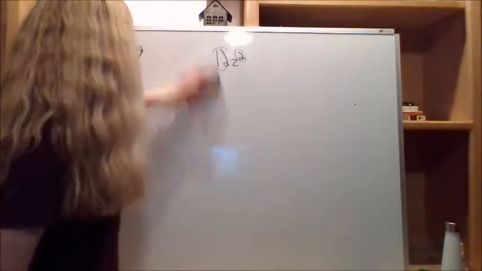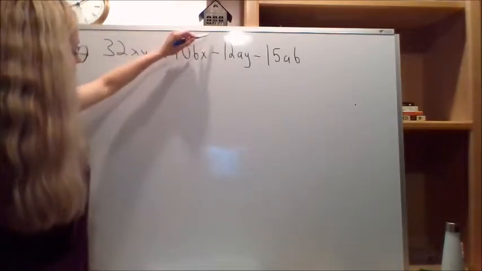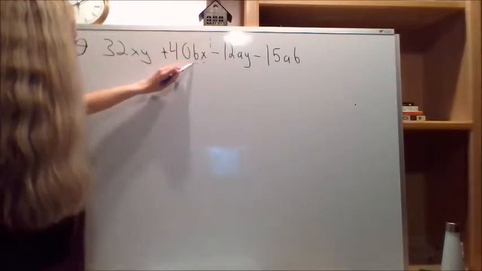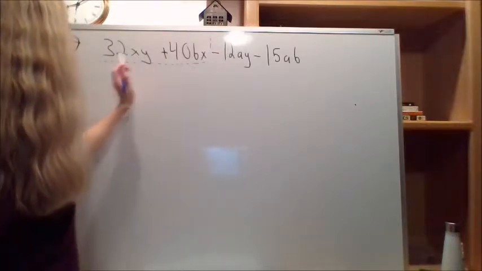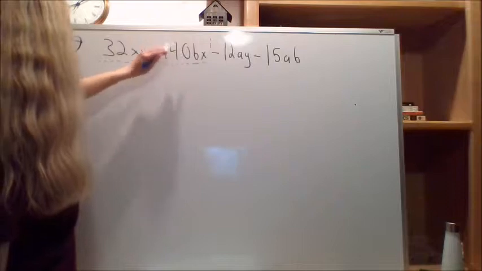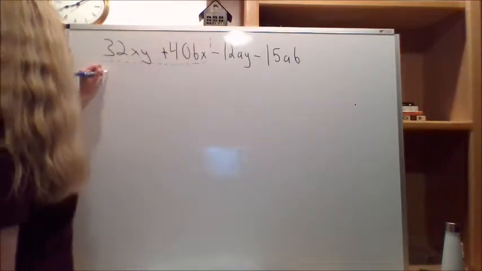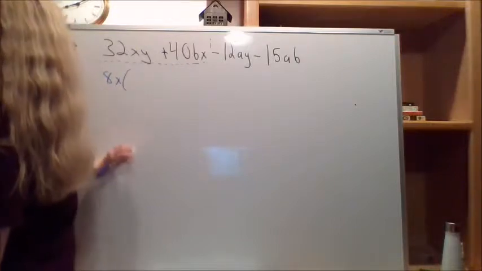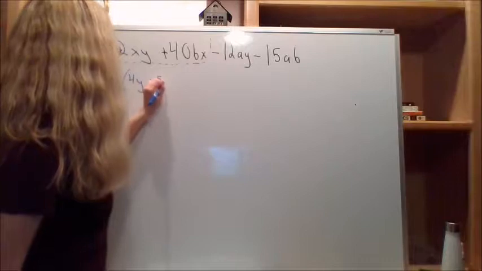For another example, if we want to factor this, if we look at just these 2 terms here, we see that they each have a factor of 8, and they each have an x. So we can go 8x times the quantity 4y plus 5b.